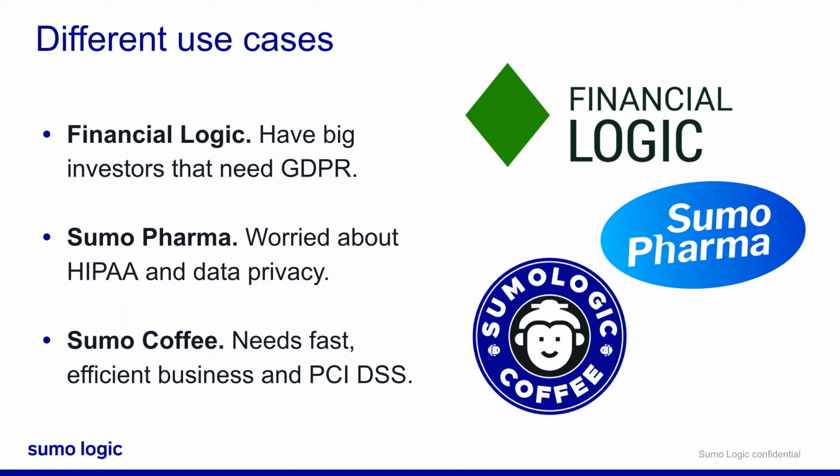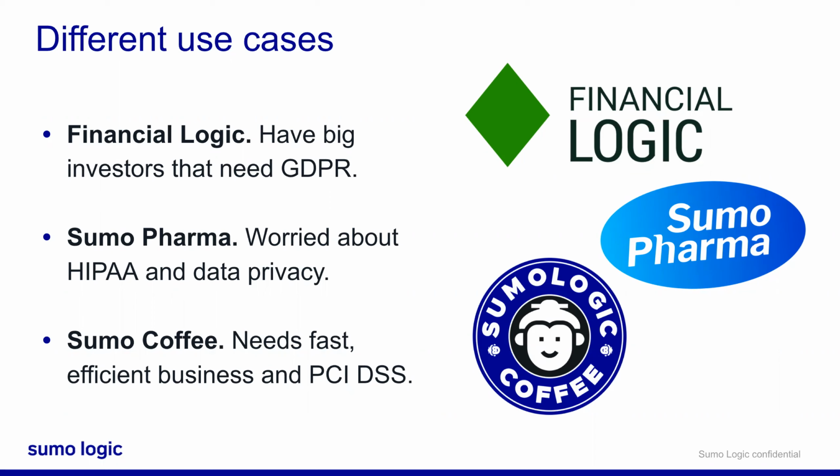Sumo Pharma. This is going to be a healthcare company that ships prescription meds to patients. While they meet all the HIPAA standards and guidelines, they're concerned about data privacy. So they want to monitor all their data to make sure their patients are safe and healthy in the digital world. Sumo Coffee.